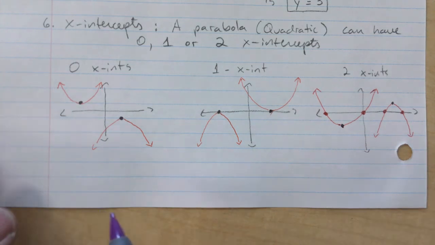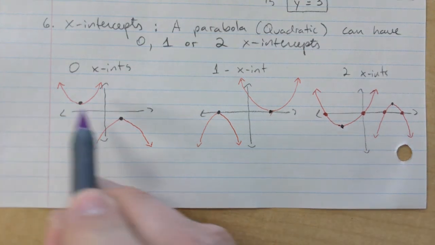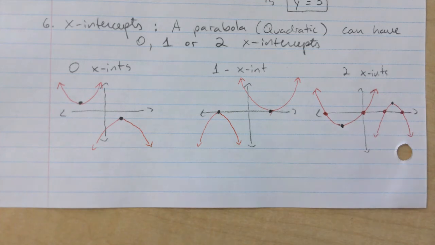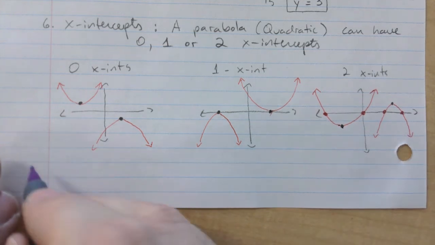So I'm going to add a few things here. And it all has to do with the vertex combined with the opening, right? Which way is it opening, right? So those two things you're looking for.